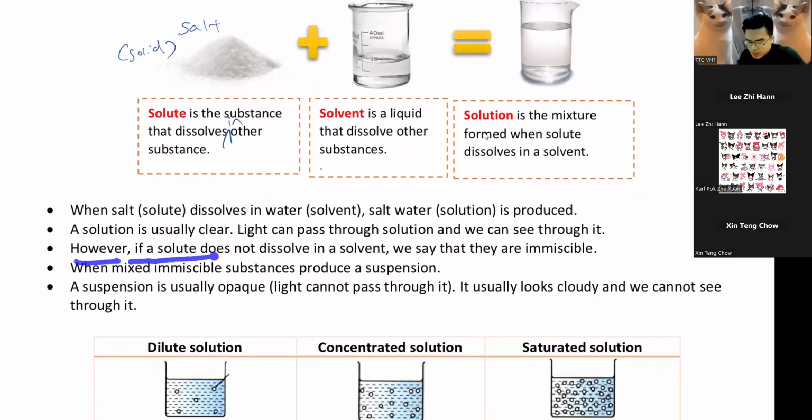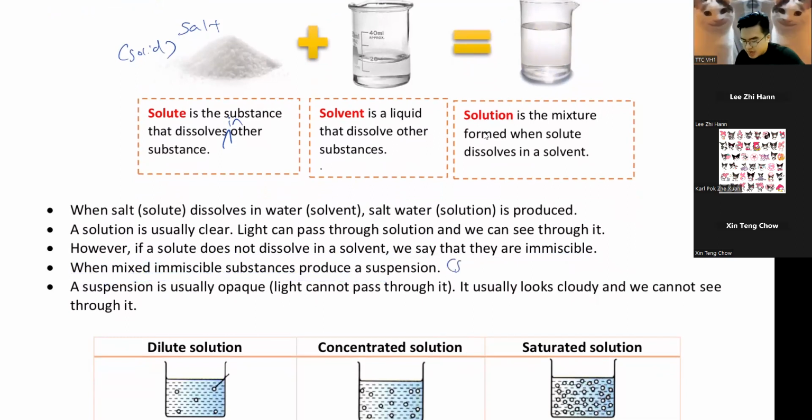However, if a solute does not dissolve in a solvent, we say that they are immiscible. Immiscible means they cannot mix, they cannot dissolve. When mixed, immiscible substances produce a suspension. What is a suspension?